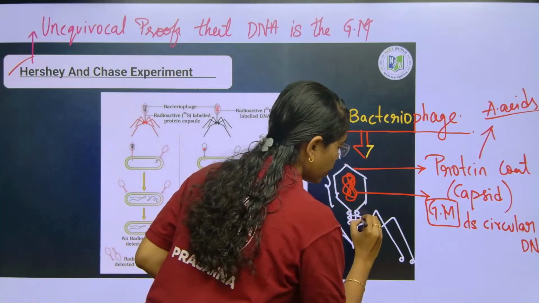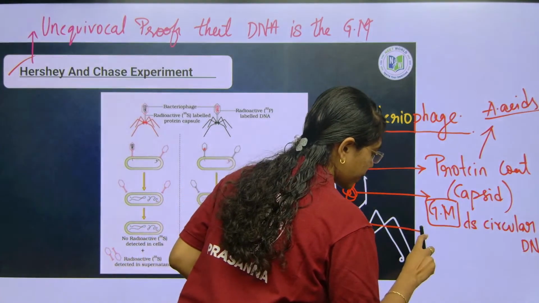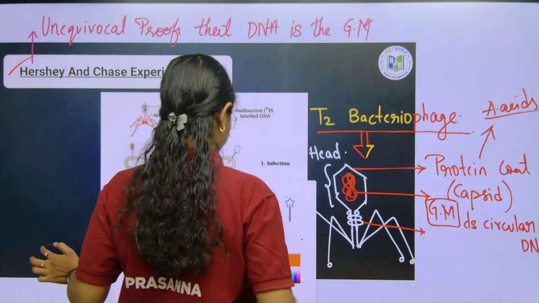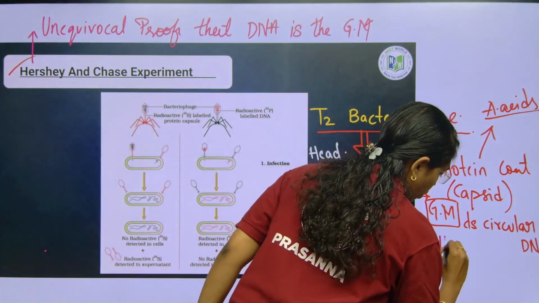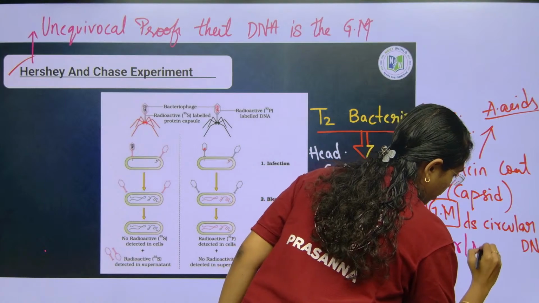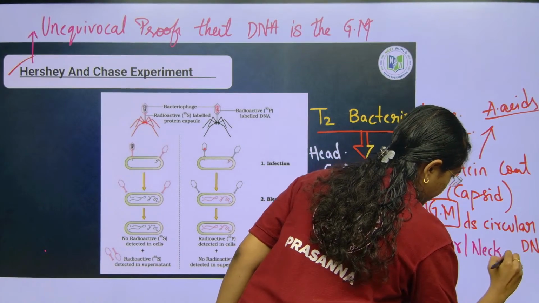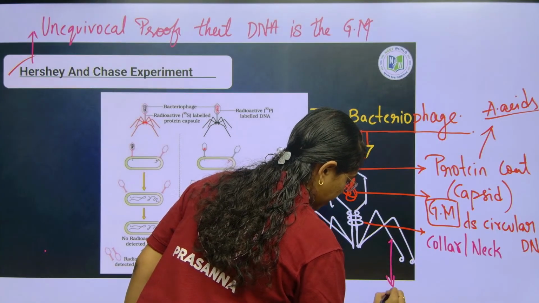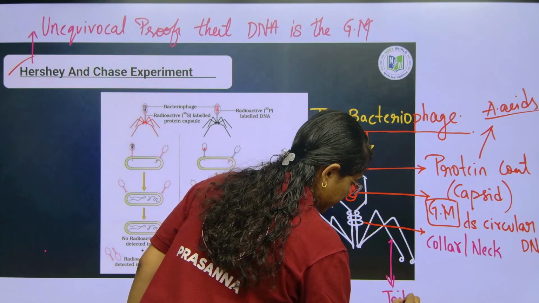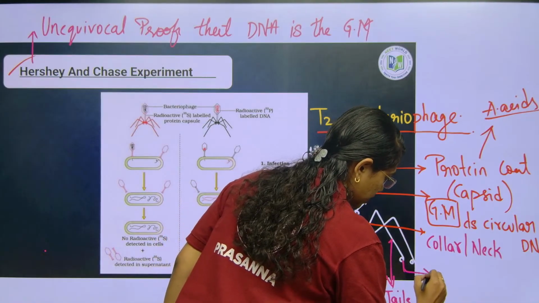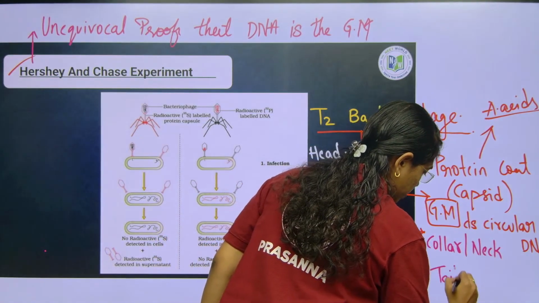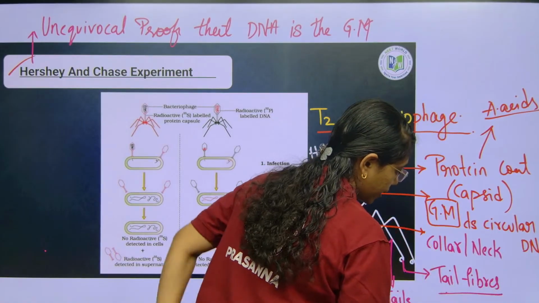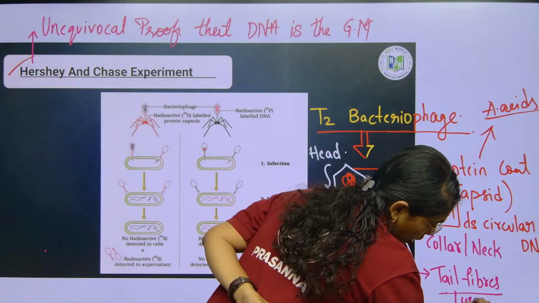Head, collar or neck, and these are tails, and these are tail fibers. At the tip of the tail fibers, it has what enzyme? Lysozyme.